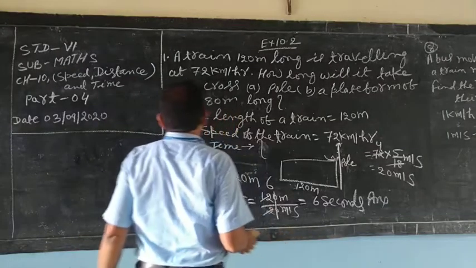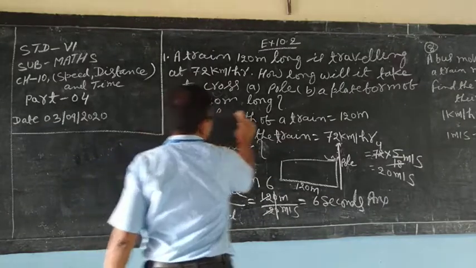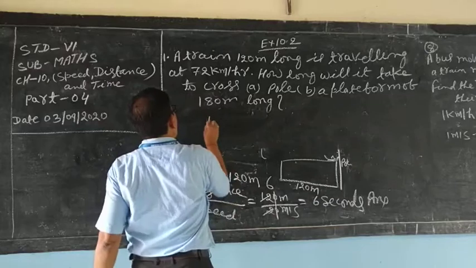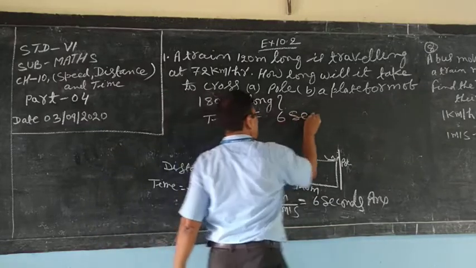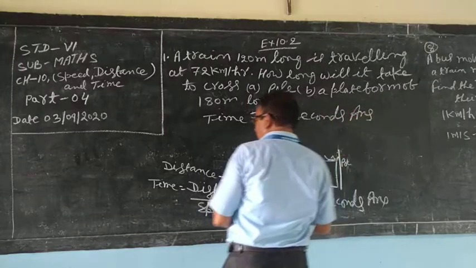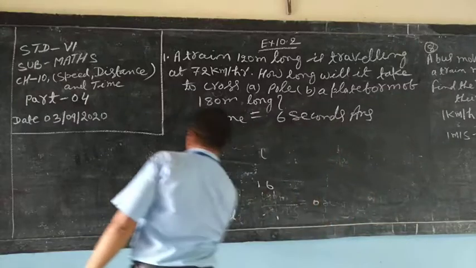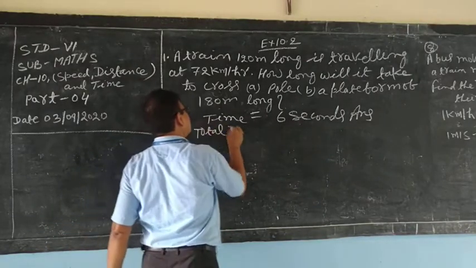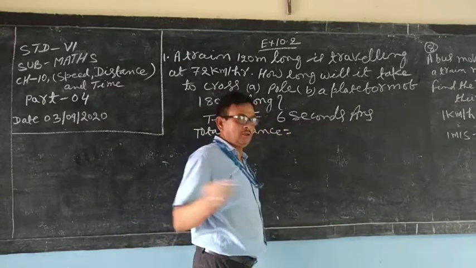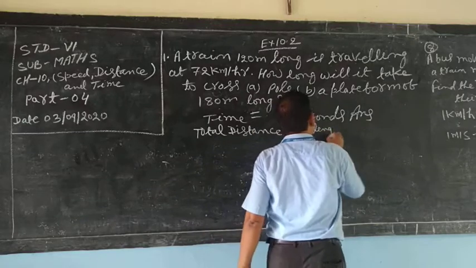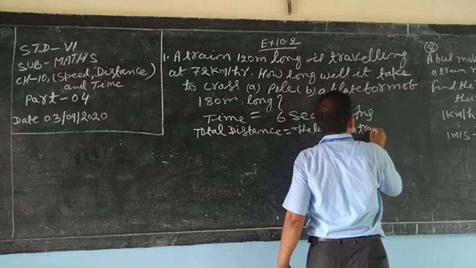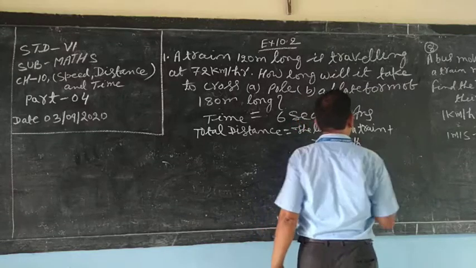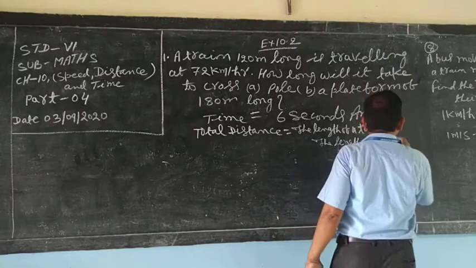Now the second part of this question. Time is equal to 6 seconds for the pole. For the platform, write the total distance, which is equal to the length of the train plus the length of the platform.